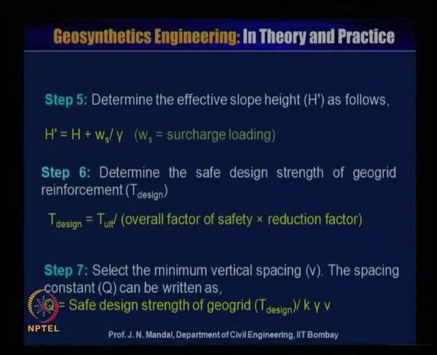T design will be equal to T ultimate divided by overall factor of safety into reduction factor. Step 7, select the minimum vertical spacing, that is V. The spacing constant Q can be written as Q is equal to safe design strength of geogrid, that is T design, divided by K into gamma into V. So you should remember what Q is, the spacing constant.